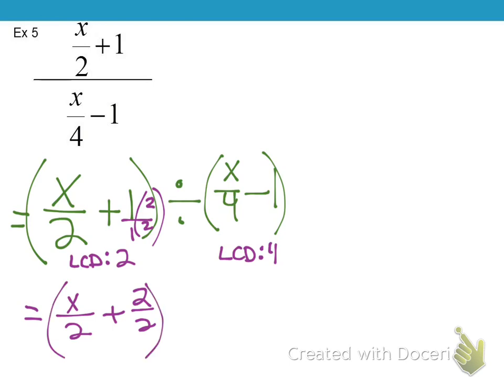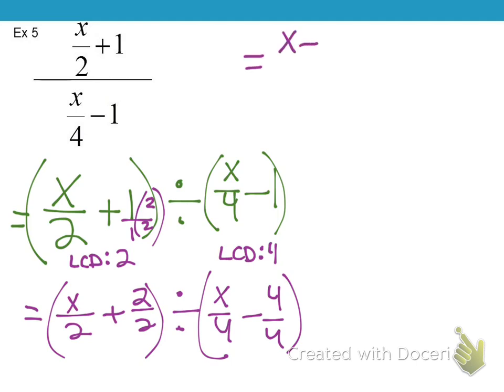Okay. Divided by x over 4 minus 4 over 4. Perfect. Now you can go ahead and combine those. This is going to be x plus 2 over 2 divided by x minus 4 over 4.